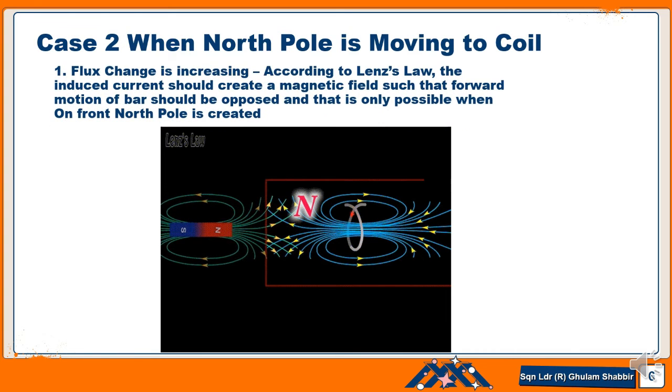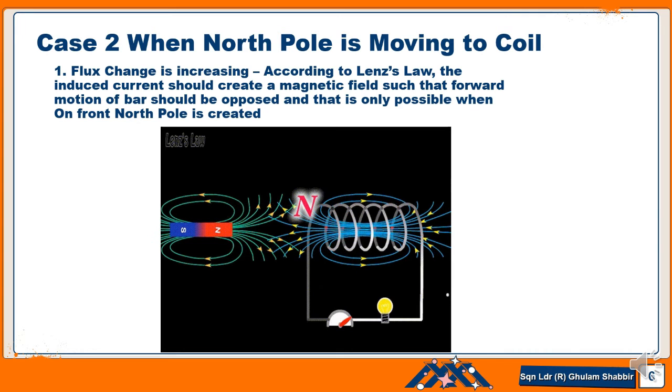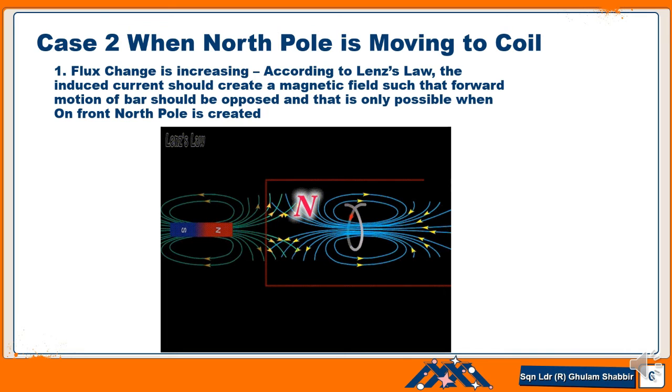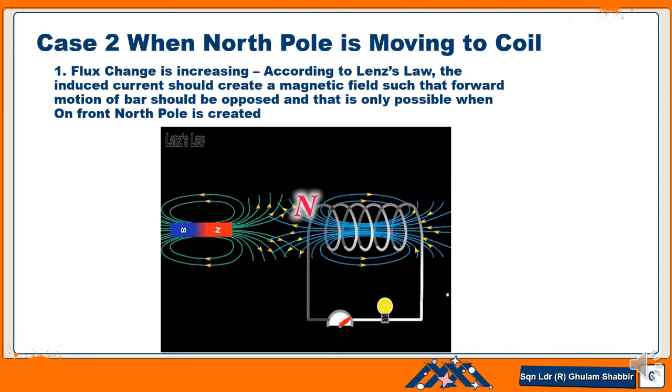In case number 2, the magnet's north pole is moving towards the coil. When the north pole is moving towards the coil, then according to Lenz's law, there should be a north pole on the front, so that the motion of the magnet bar is stopped by a repelling force.